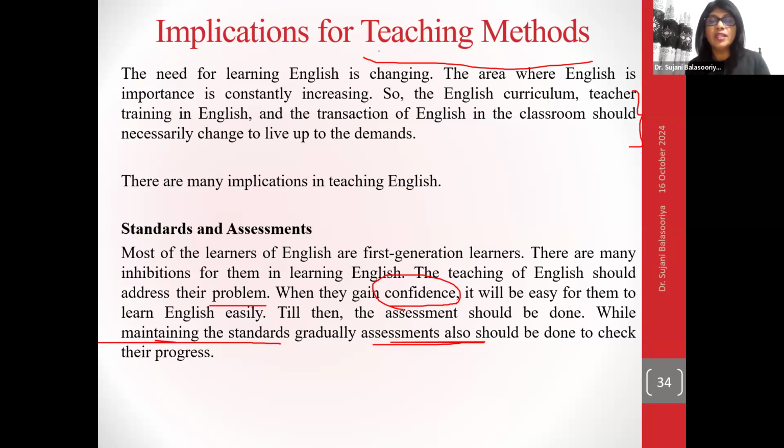Continually, they need to assess to check the progress. Actually, assessments are a form of monitoring the progress. They need to maintain the expected standards. At the same time, monitor the progress of the students via assessments, right?